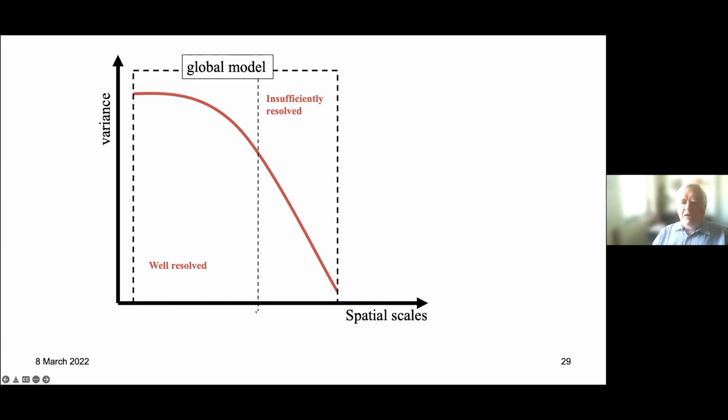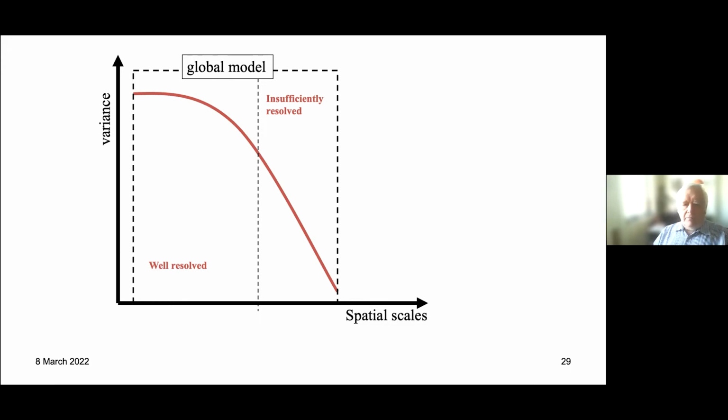Scales which are below that are not well described, and what is above is well described. I mean, this is disturbed also by the interrupted energy cascade here and so forth, and we do not really know where this line is. So some people say 4 delta for grid scale, grid distances, but that's just gut feeling, and I don't know simply. So if we look at the output of a global model, we should essentially go after these scales, not these here.